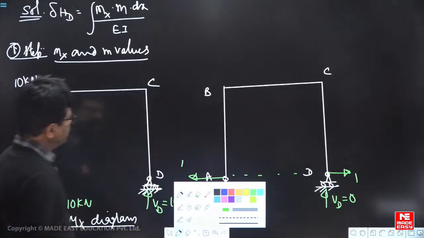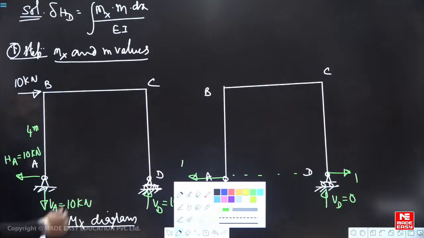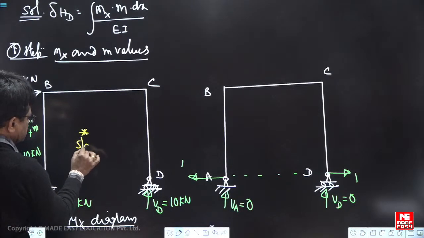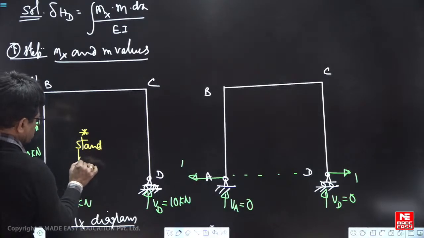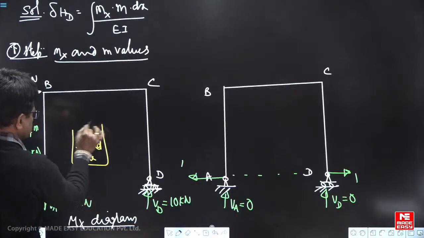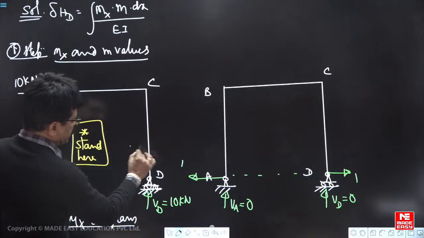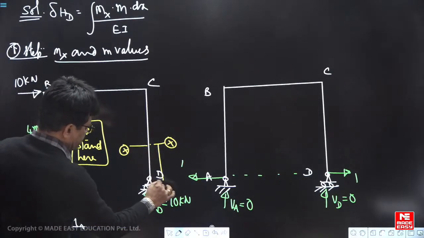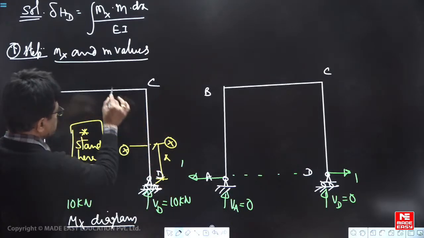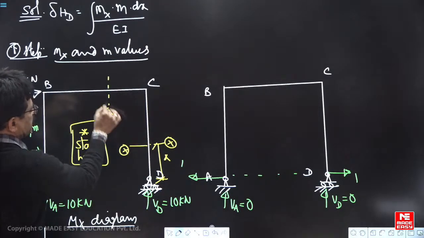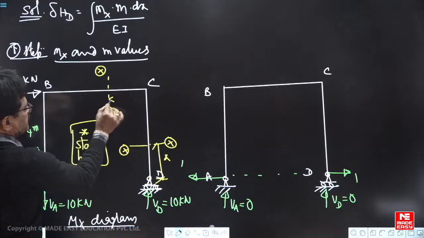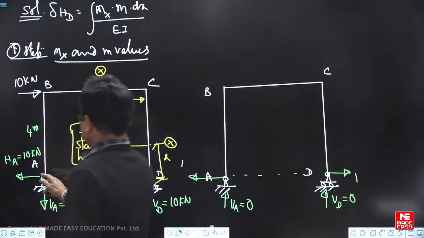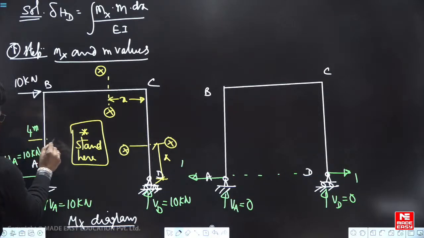Now, when you want to find the bending moment diagram values, you will stand here. Go inside the frame, stand here, take a section XX at a distance of x. To decide whether a sagging bending moment or hogging bending moment is there, take this section XX.